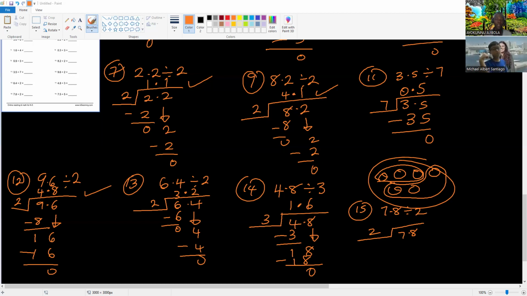Count 7 fingers and tell me how many groups of 2 can you see there? I can see 6 fingers. No, you can see 3 groups, which is 6, okay? 3 times 2, 6. Then that is 1.